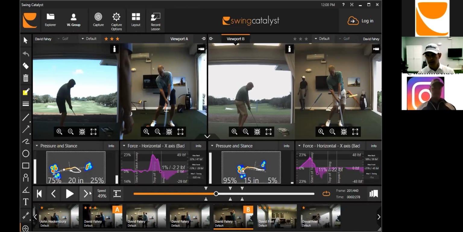So I think listening and creating an open dialogue, I search for active participants to work with. I want an active participant in their own improvement, and so I want their feedback. And if they say, wow, I do feel more powerful, and yes, I feel more balanced, and wow, I think I could swing the golf club from inside the target line, or I could hit a draw from here, any of those cues that come back to you as a coach, those are signals that you're on the right track.